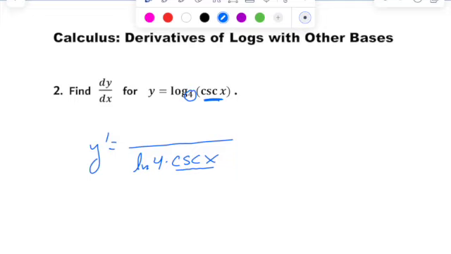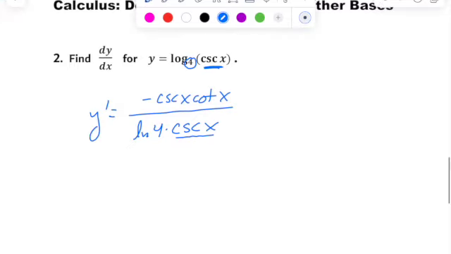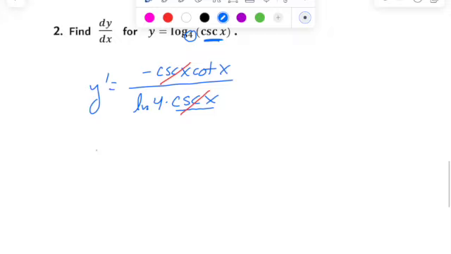So derivative of cosecant of x is negative cosecant x cotangent x. Kind of nice that cosecant of x actually will cancel. So you get a slightly simpler looking fraction of negative cotan x over ln of 4.